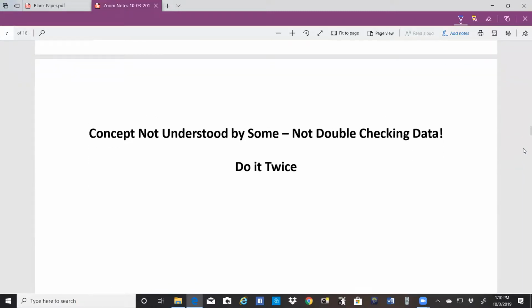One of the other things I noticed, if you missed some of the answers in calculating like the 5-number summary, etc., you didn't check. One thing you've got to do is double check your data. I would say do it twice. So you just did calculations and didn't get them correctly. If you were real close, you might have gotten some partial credit.